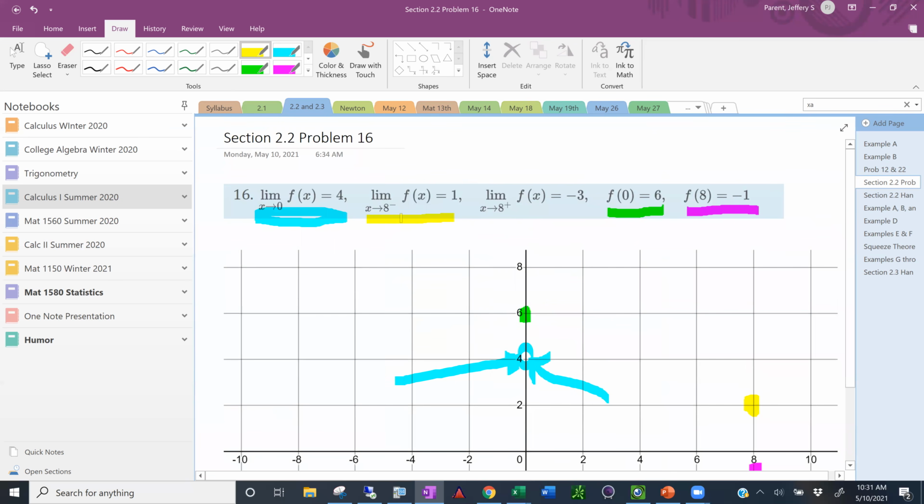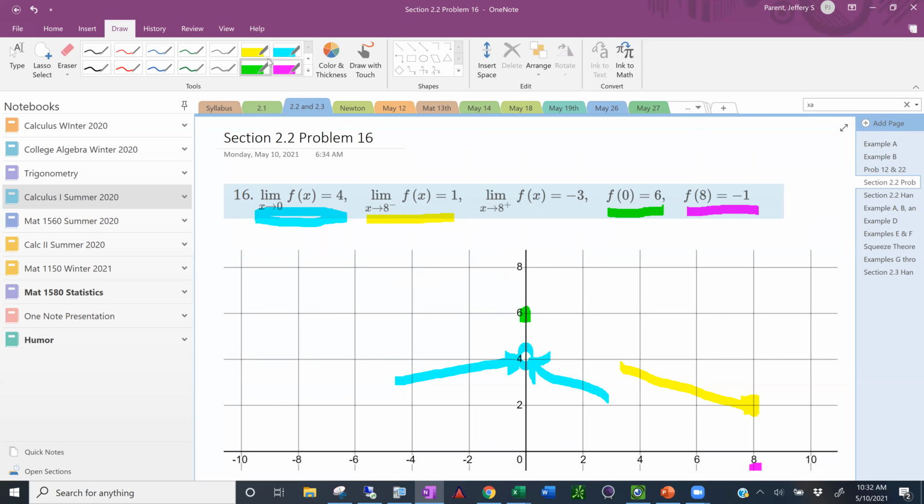From which direction am I getting close to this? The left or the right? What is that notation telling me? Is it from the left because it's coming from the negative side? Thank you, Alejandra. Yeah, it's coming from the negative side, so it would be from the left. So there's your limit there. Probably shouldn't be drawing the arrows, that's okay. But as you approach x equal 8 from the left, you're getting closer and closer to 1.